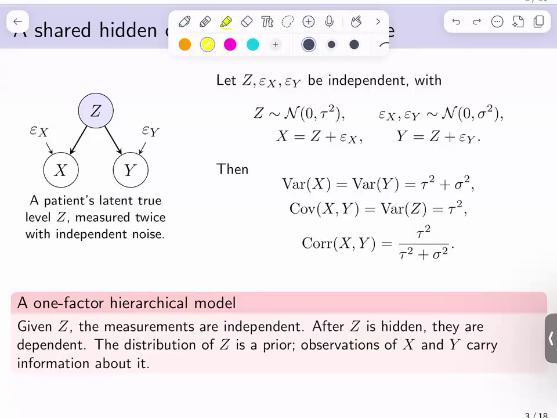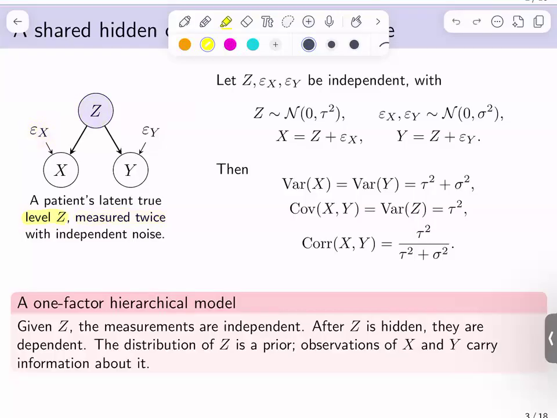So for example, Z could be the patient's latent true level of some characteristic like the blood pressure, and then you measure it twice, maybe today and maybe tomorrow. You observe fluctuations due to either noise or some other environmental factors, but the base level of health of the patient potentially affects both.